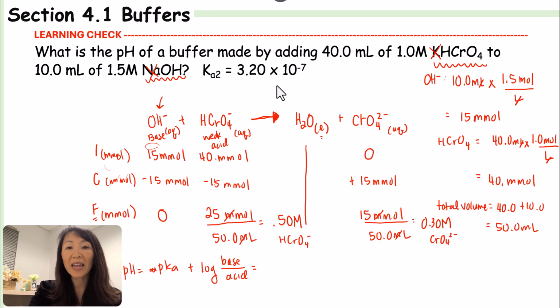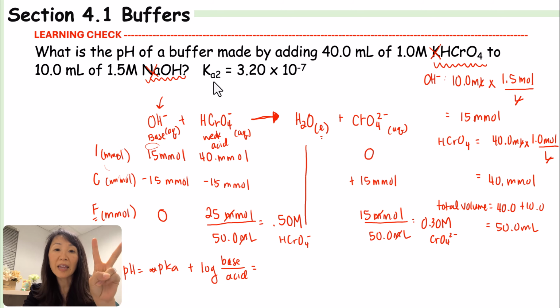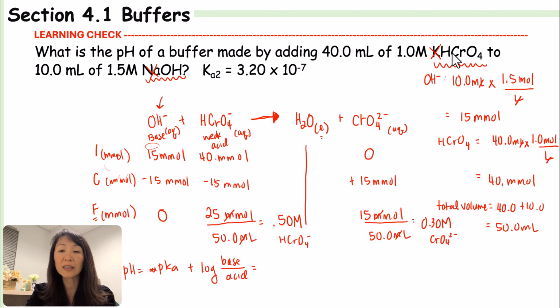Well, the Ka is given already, and it's K2, not K1. And the reason is because this HCrO4 could be H2CrO4, and this is the second value. If you look in your reference sheet, you'll notice that the KHCrO4 actually falls under K2. Ka2, and so therefore I have the Ka2 already written out here for you.